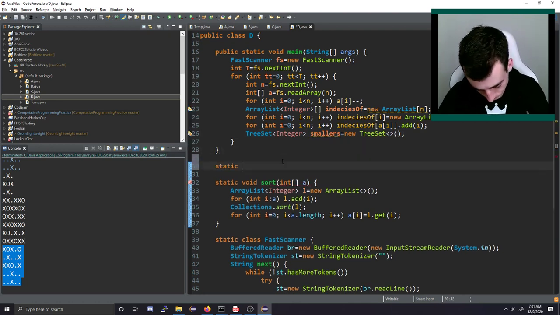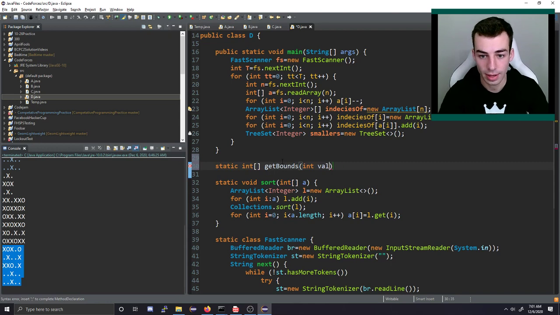Static. It's a boolean, it's an int array. Get bounds for int value, array list integer occurrences, and tree set integer bounds.